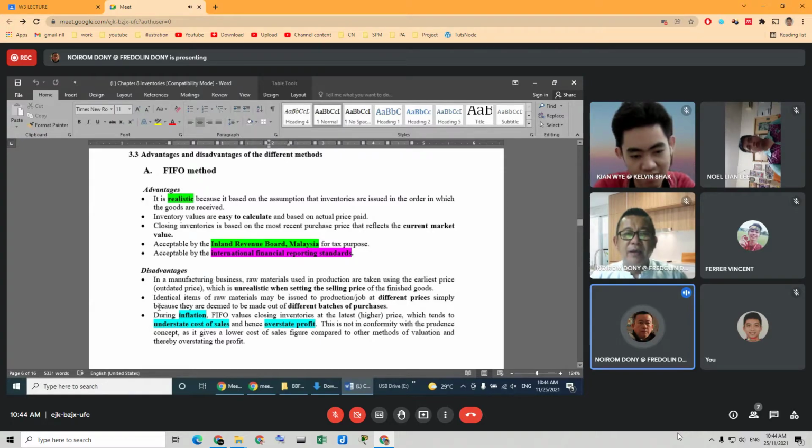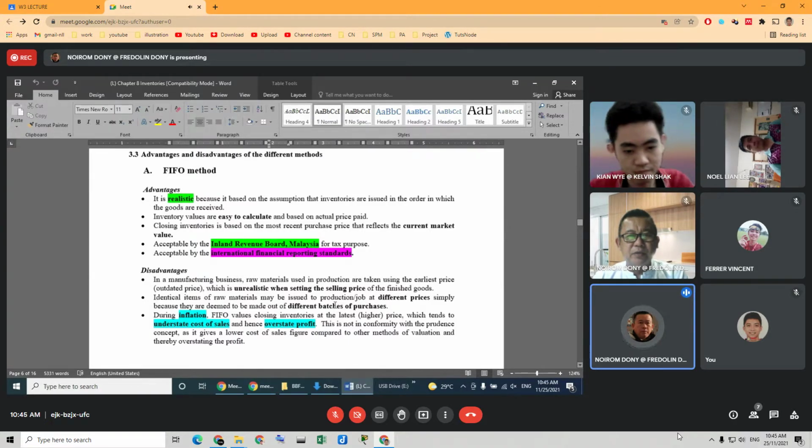And the second disadvantage is that identical items of raw material may be issued to production at different prices simply because they are deemed to be made out of different batches of purchases. So meaning we are using the same item, but it's just that they are from different batches, so different price.